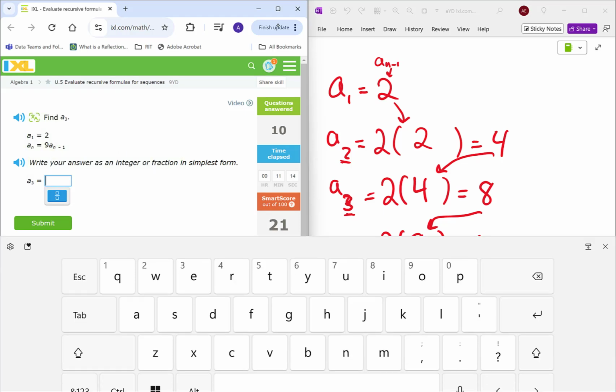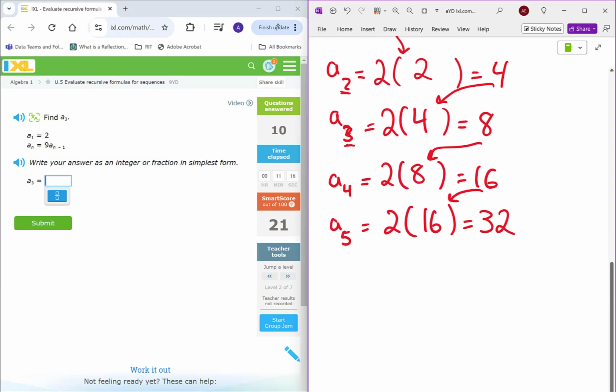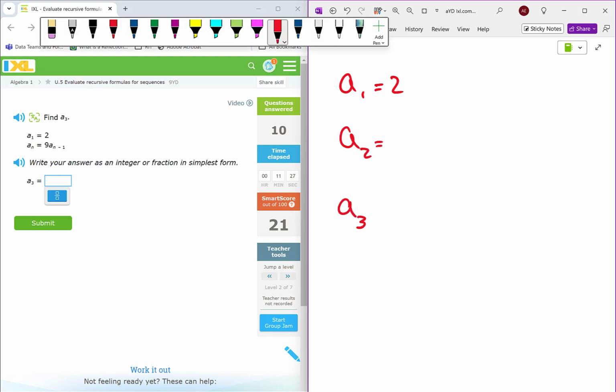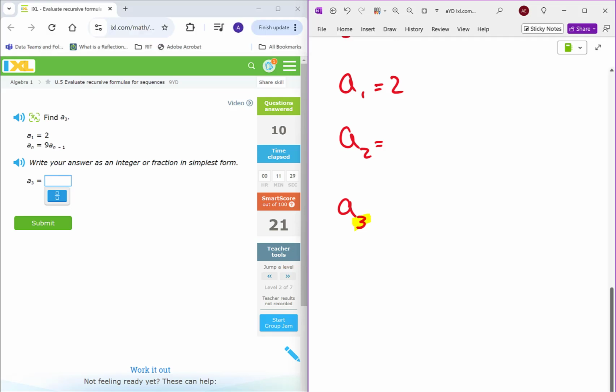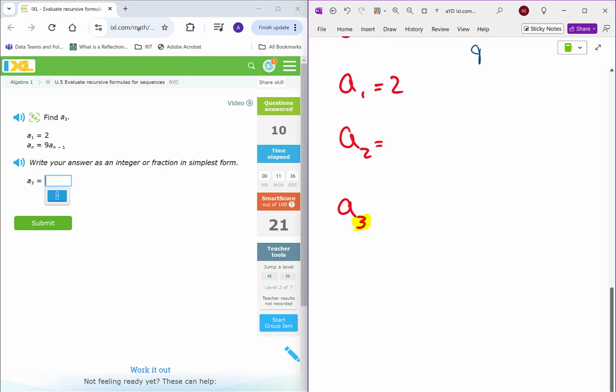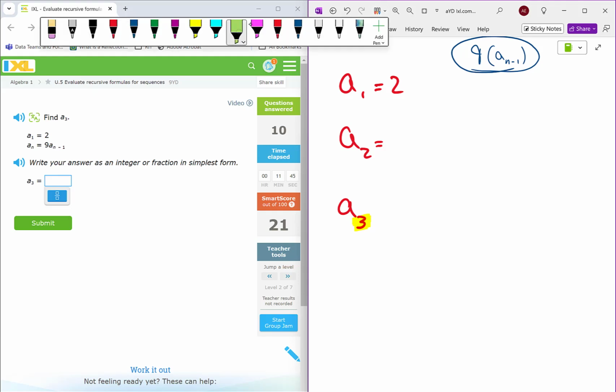Let's do one more, and then we'll move on. So here, this is why showing your work is important, because they're not asking for A sub 2, they're asking for A sub 3, okay? And you can't do A sub 3 unless you know A sub 2. So maybe you want to write the rule. The rule is 9 times the previous term, right? Now I'm going to refer to this.